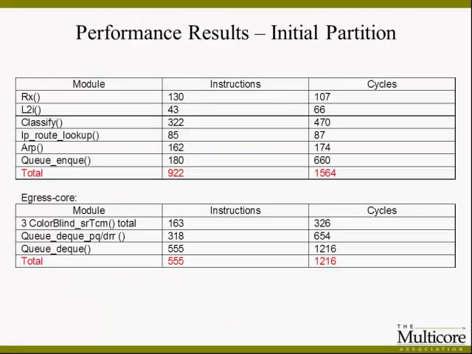The performance results are shown here. Without going into a lot of detail, look at the totals as far as the modules. On the Ingress and the Egress, we rolled up the key results, instructions, and cycles, and we summarized those. Those are shown here.